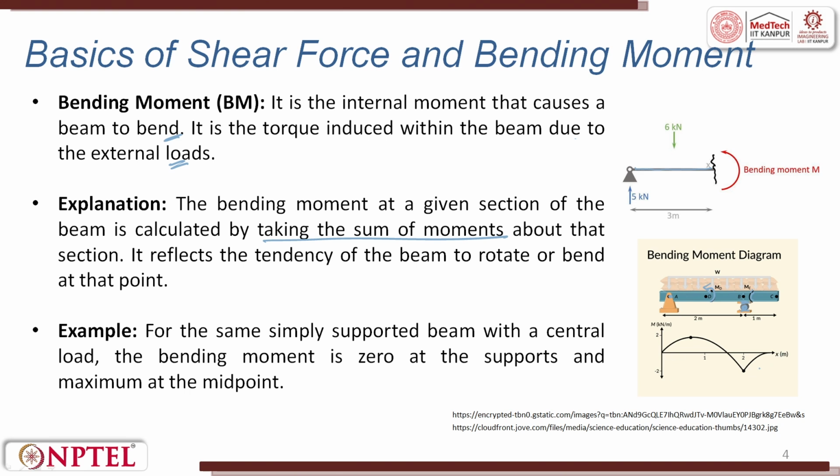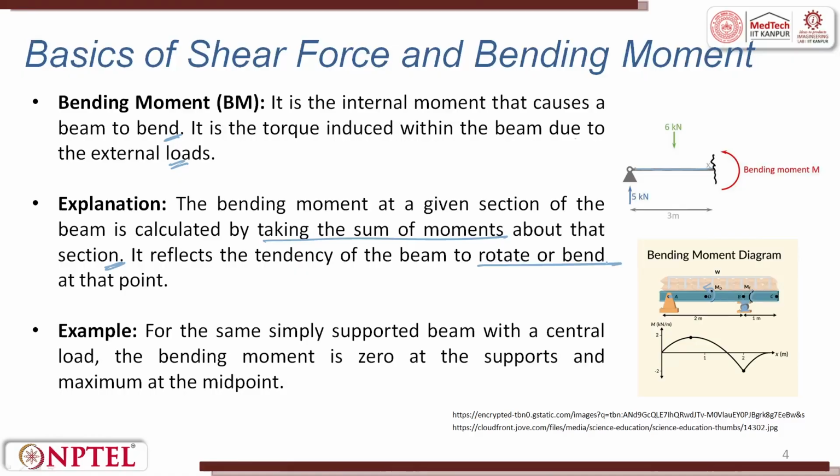Okay. So what is the bending moment? It is nothing but a sum of moments about a section. It reflects the tendency of the beam to rotate or bend. So if I support it here and here, and now I want a load to act this way, because of the resistance it can try to travel in this direction.